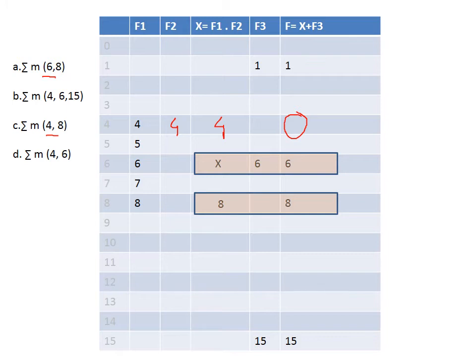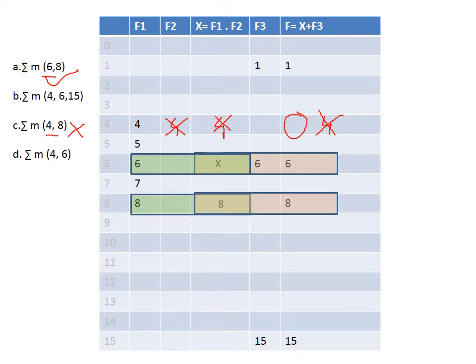If 4 was available here, then 4 will be here, and because this is an OR function, it will be available here. But since it is not available here, it will not be available here and neither here. So I can cut this answer and my answer will be 6, 8. So simple numerical, you don't have to think too much, just find the correct answer.